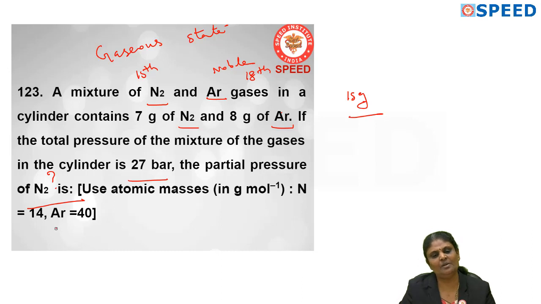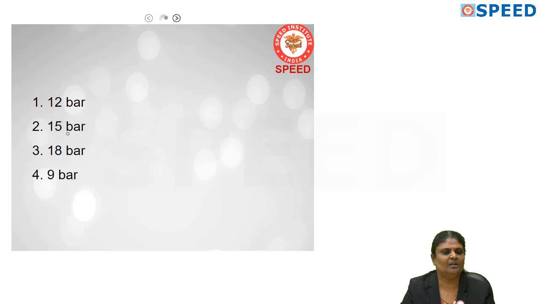I could calculate the partial pressure of argon also, but your question is the partial pressure of nitrogen. Use atomic masses in gram per mole: nitrogen is 14 and argon is 40. Here 12 bar, 15 bar, 18 bar and 9 bar are given. I think option B, 15 bar, is the correct one.